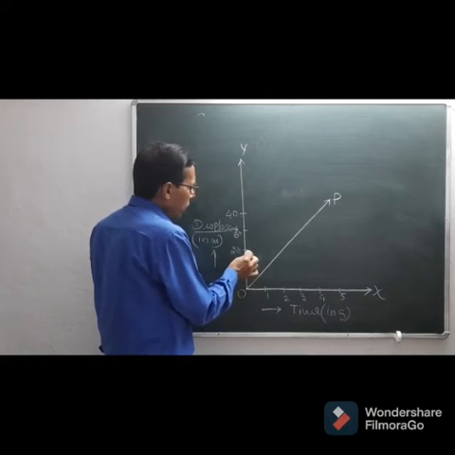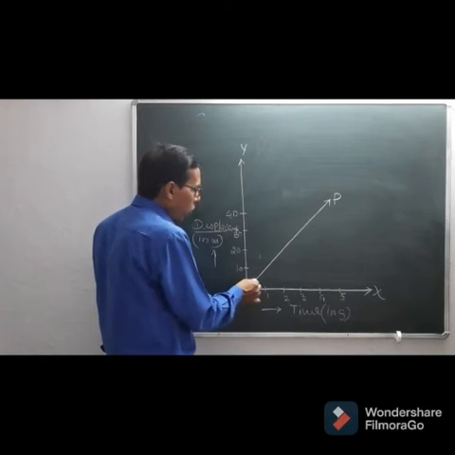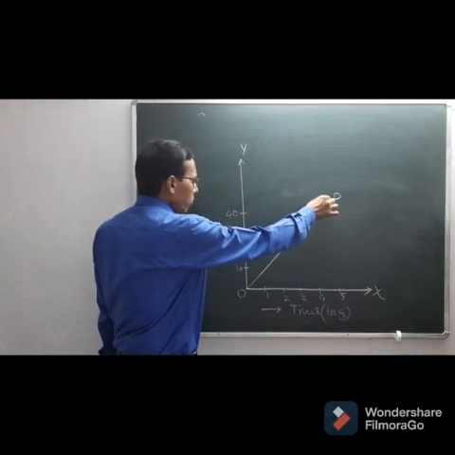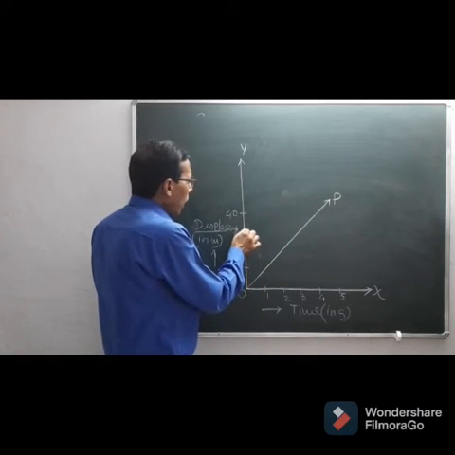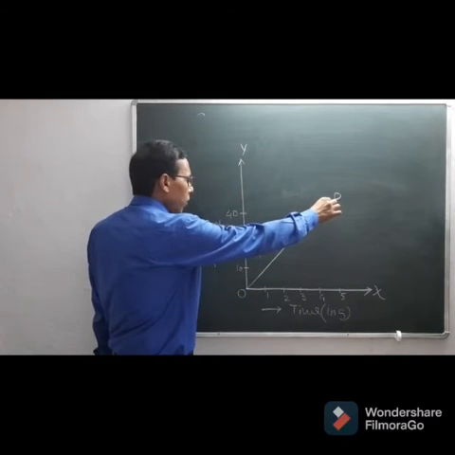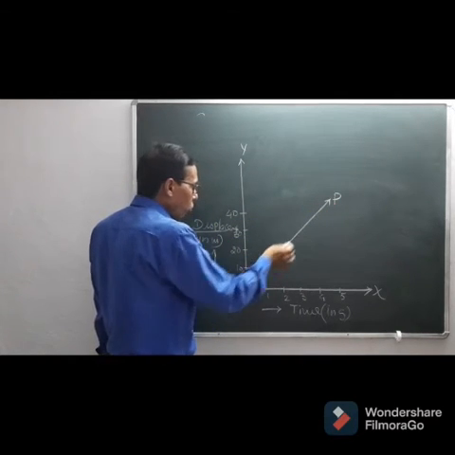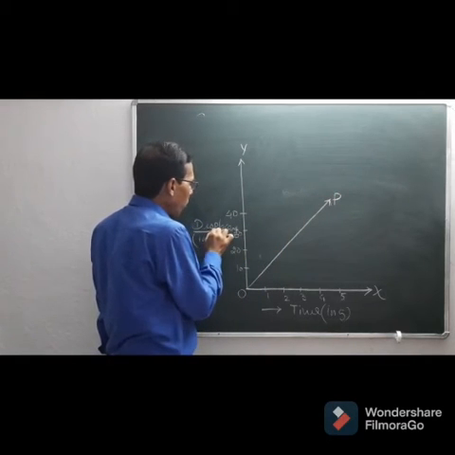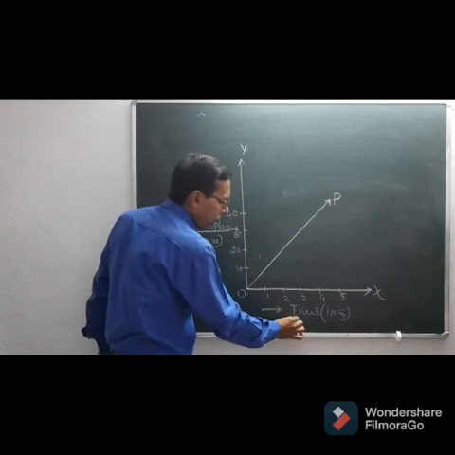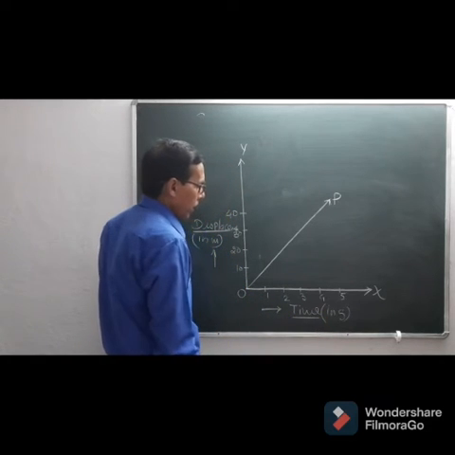Then it is said that the body is moving with uniform motion or uniform velocity. It is also clear from this graph, a straight line OP, that displacement of an object is directly proportional to the time taken.